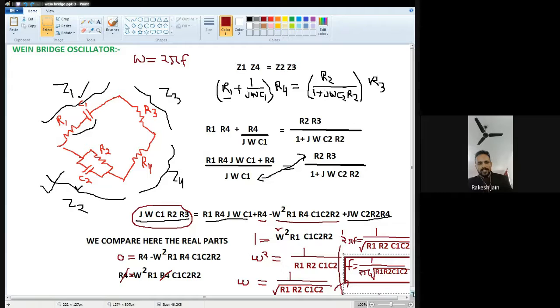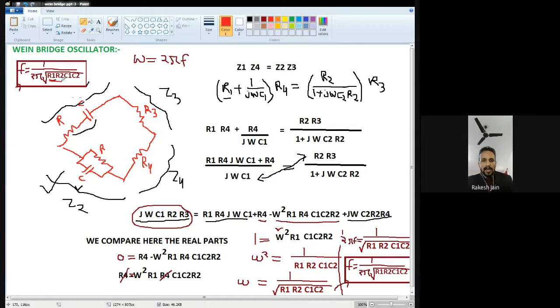Now, if we consider that R1, R2, C1, C2 are equal to each other, for example, instead of R1 we use R resistance, and instead of C1 we use C. C1 and C2 are equal to C, and R1 and R2 are equal to R. Then the formula will be modified. R1 R2 will be multiplied as R square because both are equal to R, so the square root of R square will be R, and similarly C1 C2 will be C square.